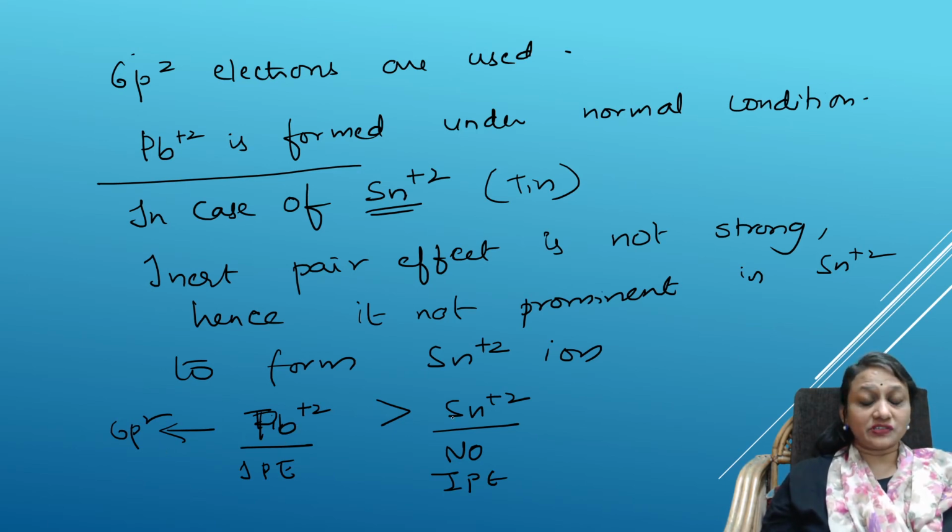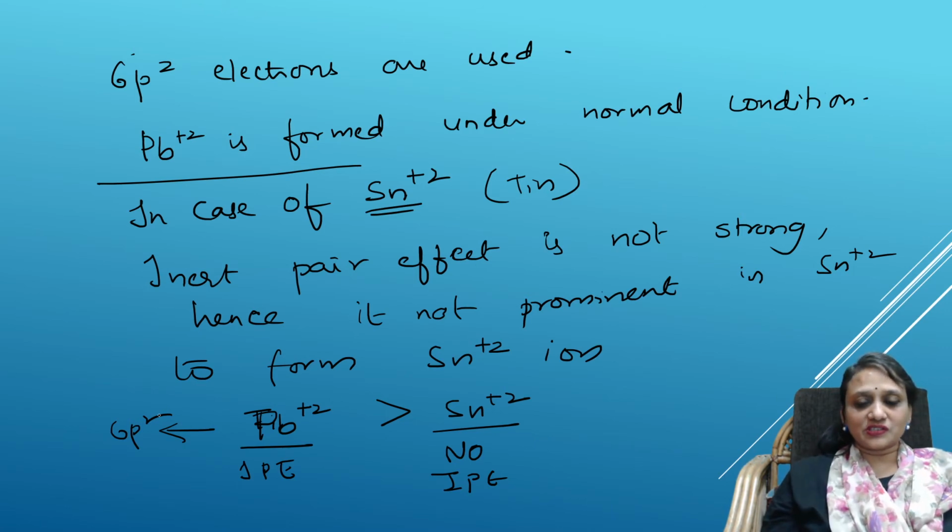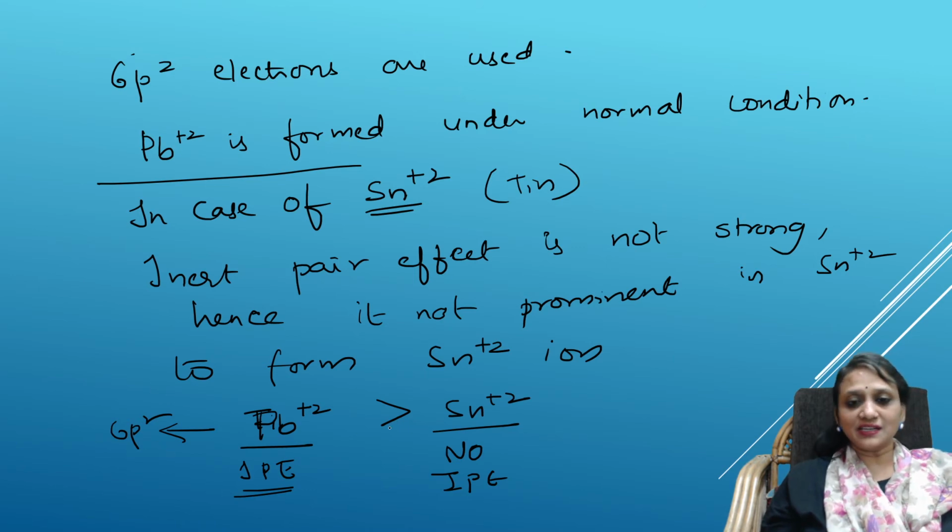But in case of Sn, the inert pair effect is not prominent, so automatically it can show other oxidation states, not only Sn +2. So this is the reason, students. Pb +2 is more stable because of the inert pair effect and no other chance. That's why it is more stable than Sn +2. Got it, students? Okay.